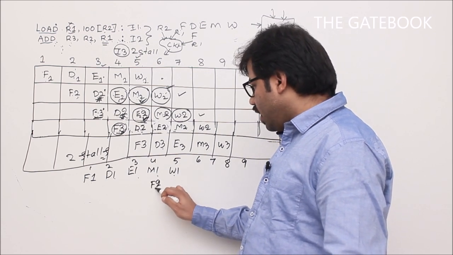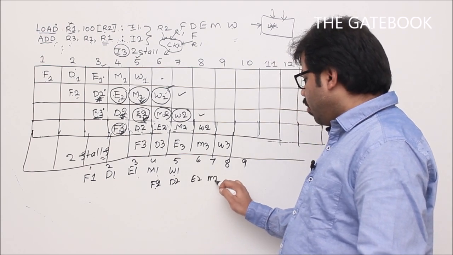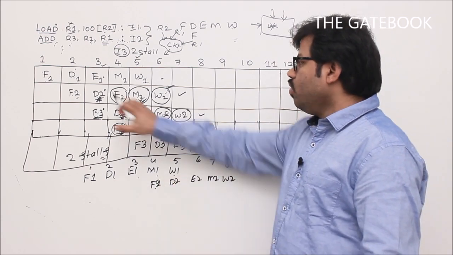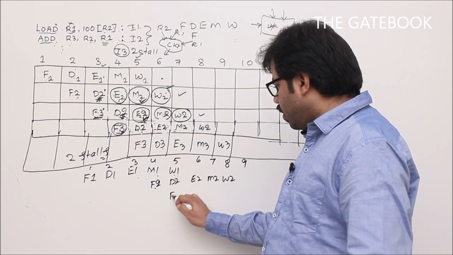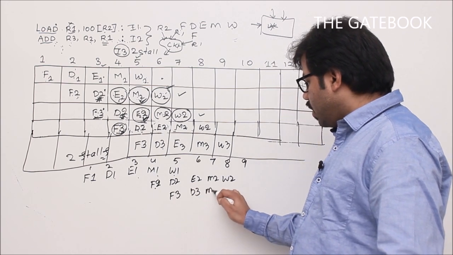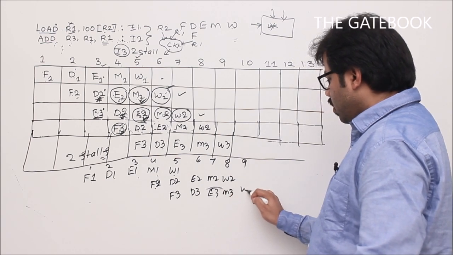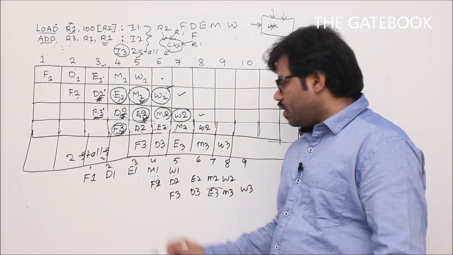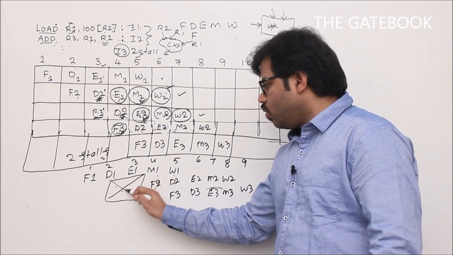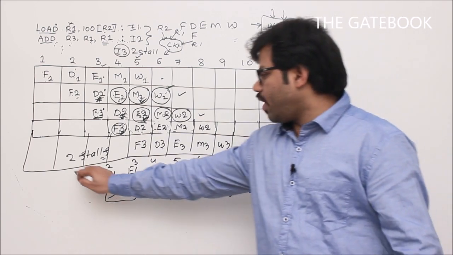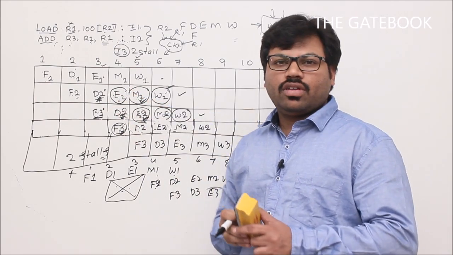That means if you write here F2 D2 E2 M2 W2, that would be equivalent to this one, right? Now F3 at the fifth, F3 D3 E3 M3 W3. This is the way things will be executed. So here there is an emptiness, which indicates that there are two stall cycles. This will be the final shortcut, but this is the real implementation, right? So this is about stall cycles.